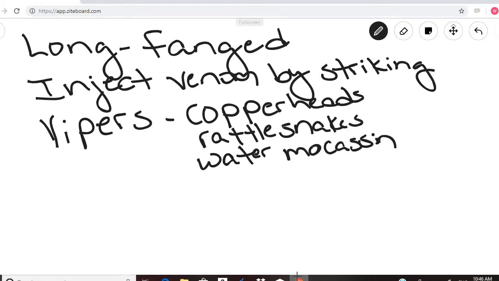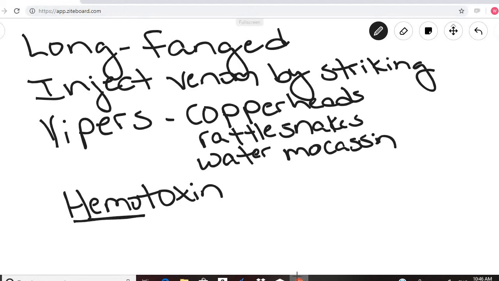And the type of venom that long fangs inject is called a hemotoxin. So the hemotoxin, hemo means blood. So a hemotoxin attacks the red blood cells.